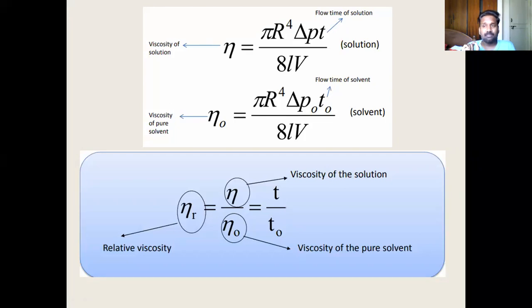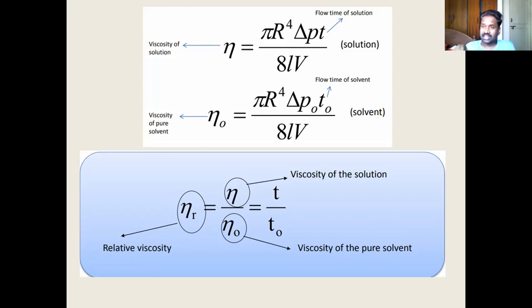So what is this t? Time of flow. I hope that in practicals this semester you have conducted this experiment in your lab, finding out the molecular weight of polymers by using viscometry. I hope you remember how the Ostwald's viscometer you used in your BSc looked.